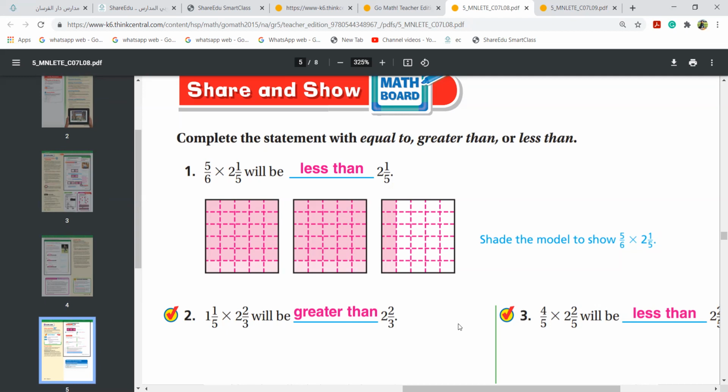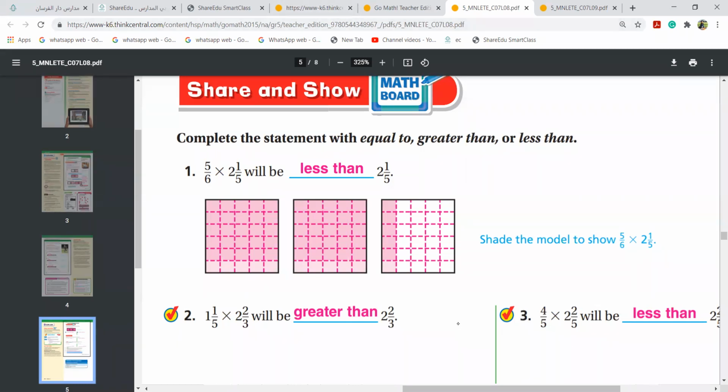You all opened it? Yes. Miss, is this page 467? You have to see that the statement is equal or less than or equal to. Okay.